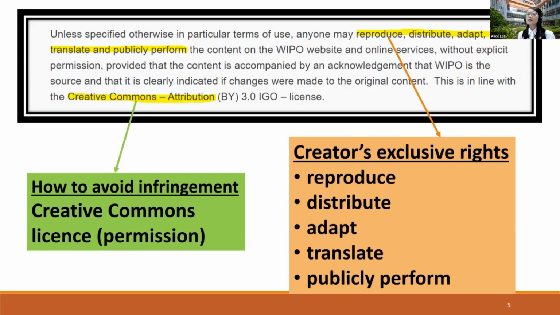It is giving us this license, that means this permission, to use the content of this website, even though we don't know the WIPO organization, we have not approached them specifically, we are permitted. So this is just an example of how a CC license can operate and can help us in virtual instruction.